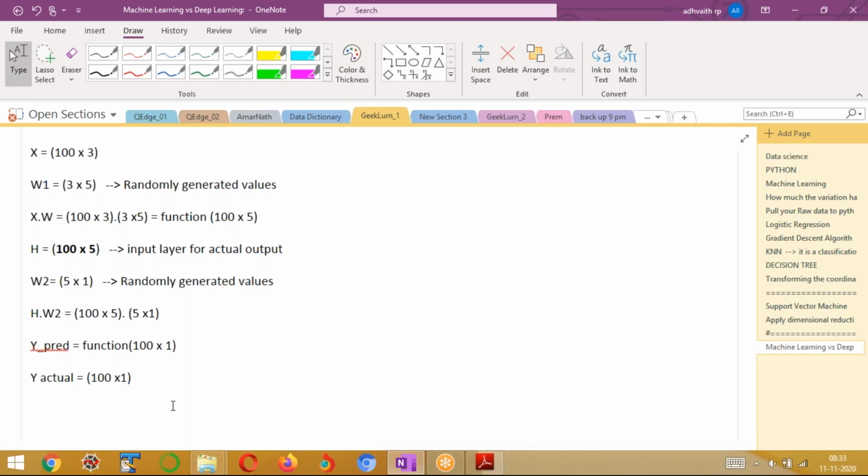Your predicted values, you got your actual values. What should be my next step? Okay, error. Yes, finding error by comparing y actual and y prediction.